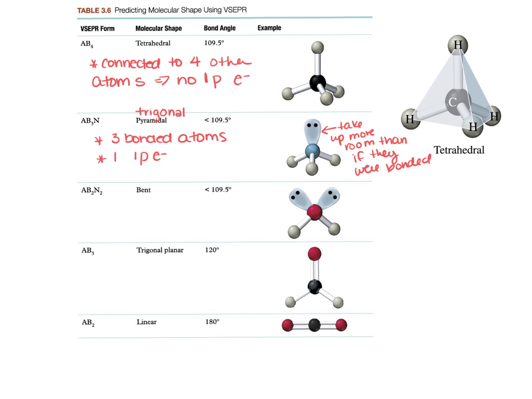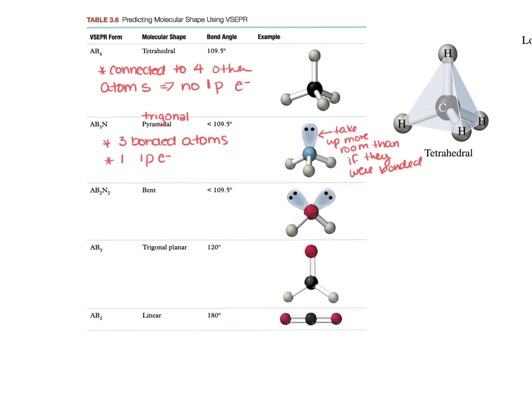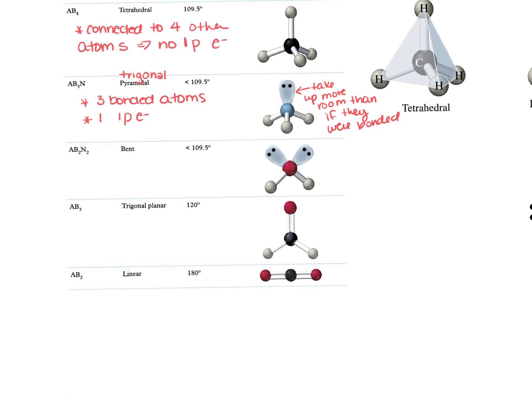So that's trigonal pyramidal. The third shape that we can have that still has 4 groups is bent. In this one, we have 2 bonded atoms and 2 lone pairs. I just said linear, and it's actually bent. Right?